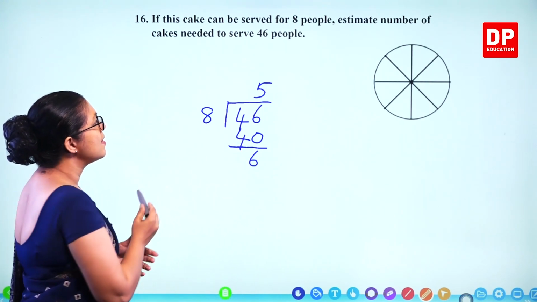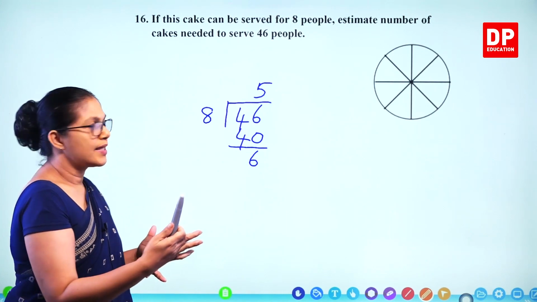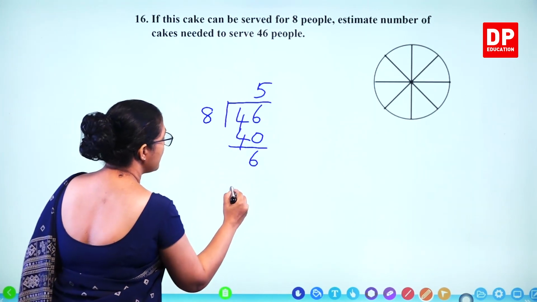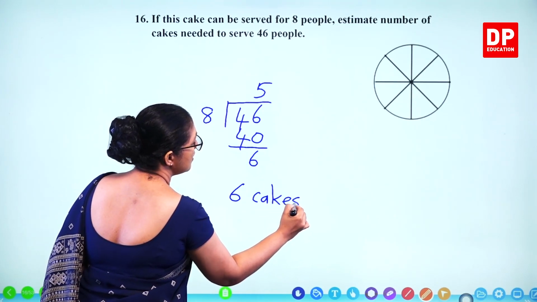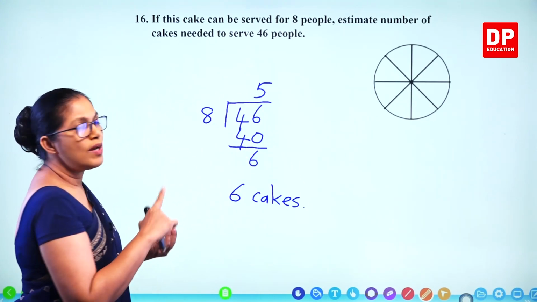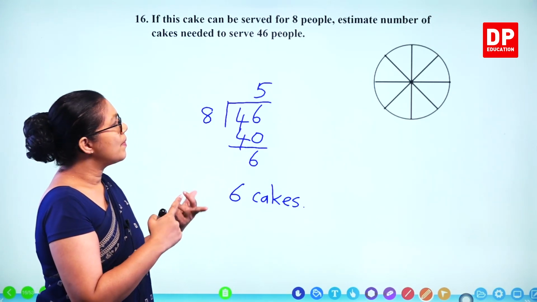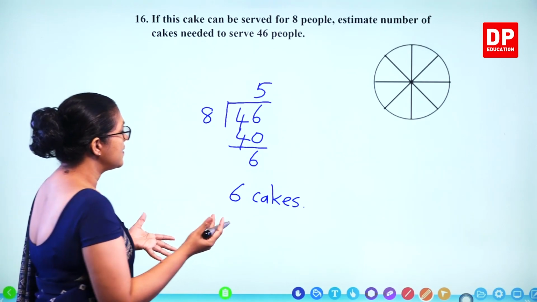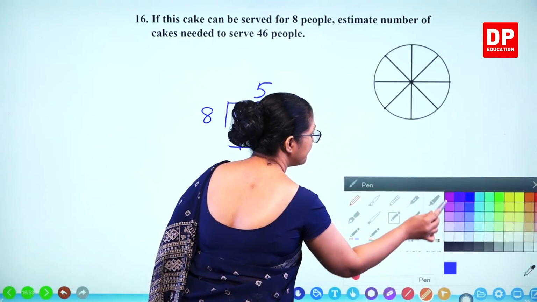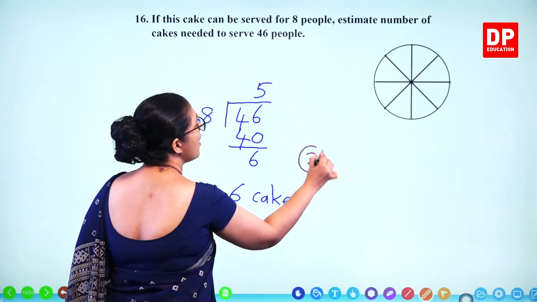So that means we need another cake. So altogether 6 cakes we need, because we can't take only 5, then 6 people can't take it. So that means altogether we need 6 cakes. 2 marks.